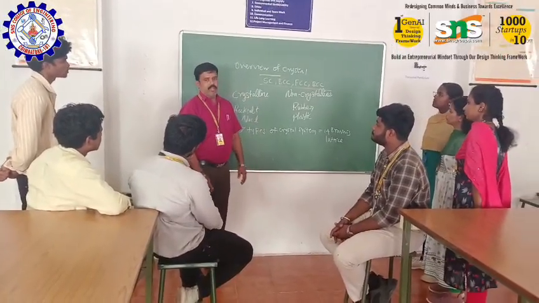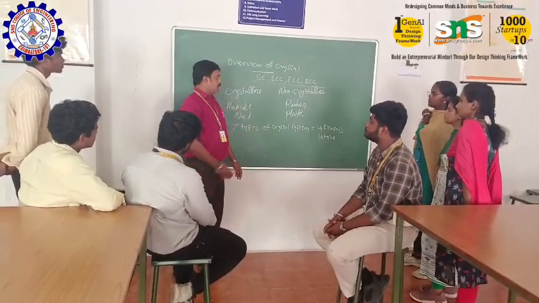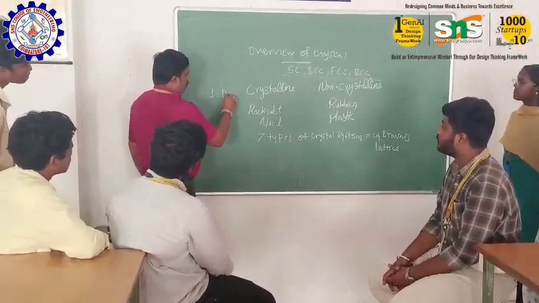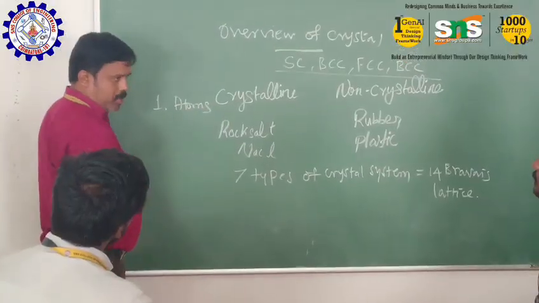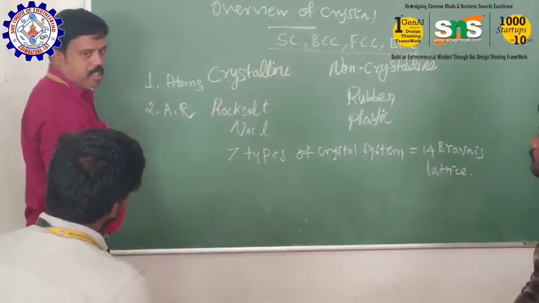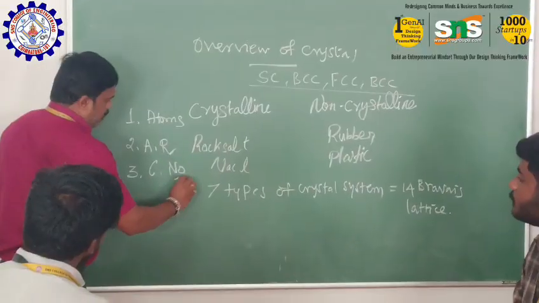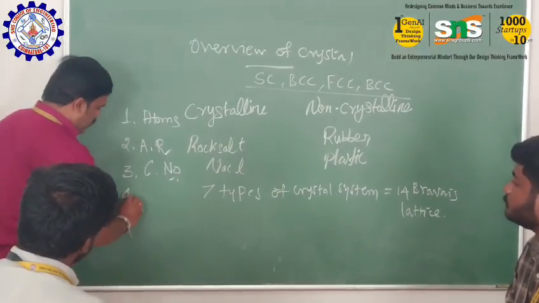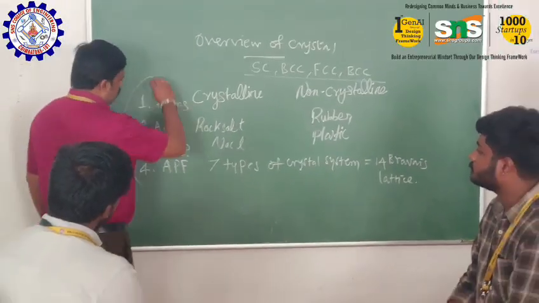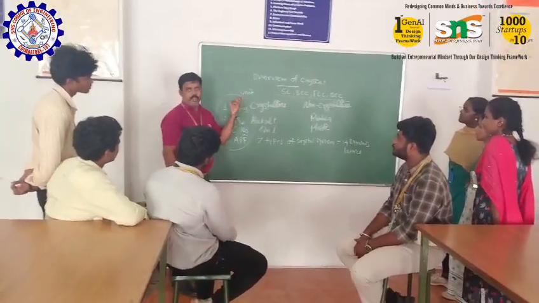The characteristics of the unit cell are: first, the number of atoms per unit cell; second, the atomic radius; third, the coordination number; and fourth, the atomic packing factor. These four are the characteristics of the unit cell.